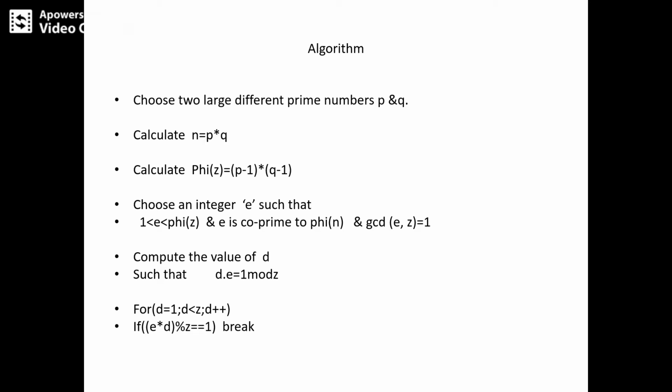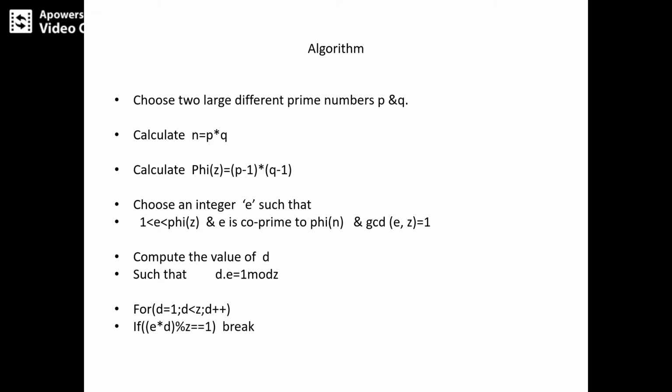For a computer, we use a for loop. We initialize d equal to 1. This should be less than z, whatever phi of z value we have taken, and we keep incrementing the d value.